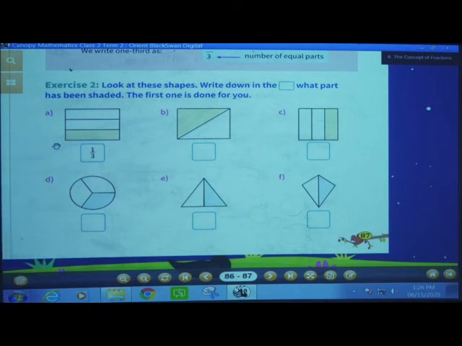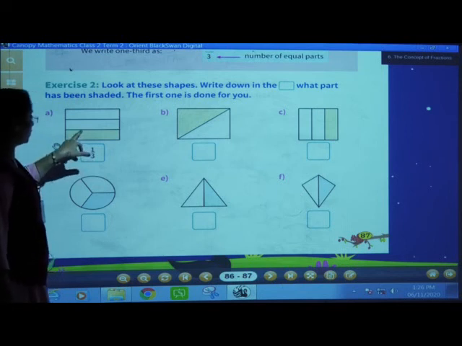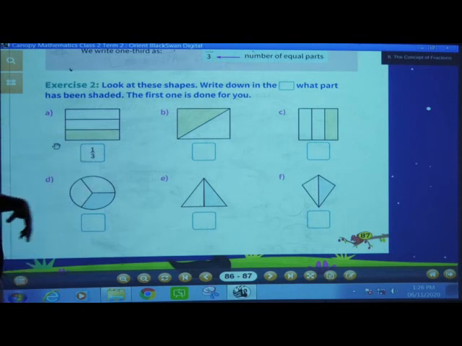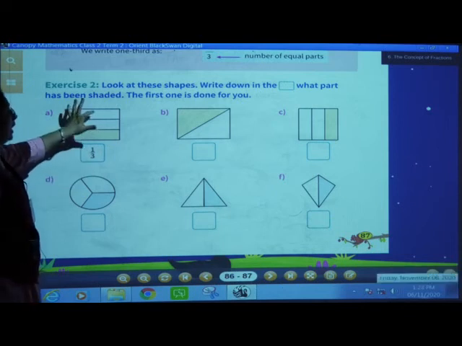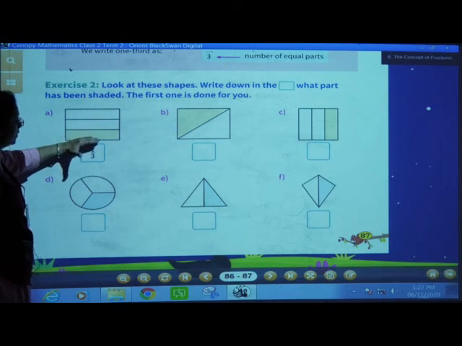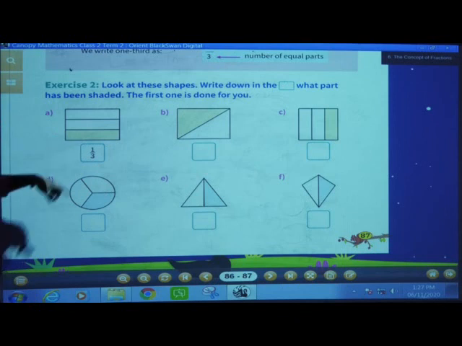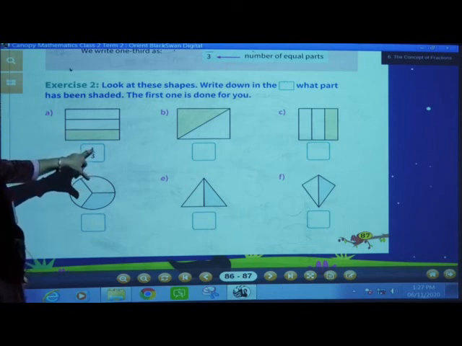Shaded part means that part we have taken. Means 1 upon 3 or 1 by 3, or we can say 1/3. Total equal parts we have to write downside, and shaded part we have to write upside.